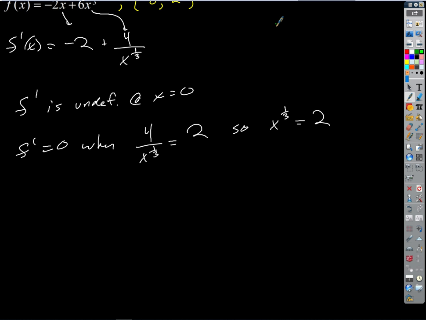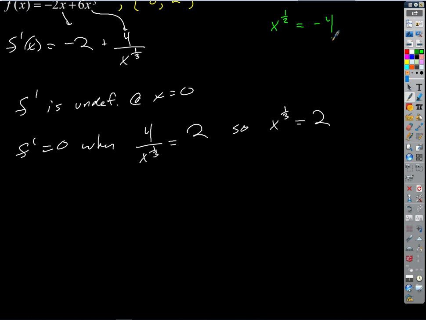What if we had something like x to the 1/2 equals -4?